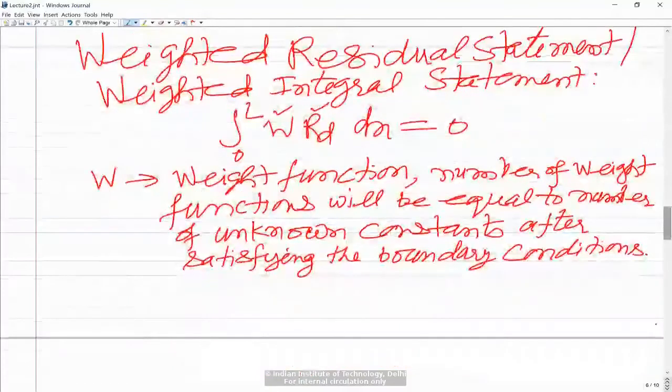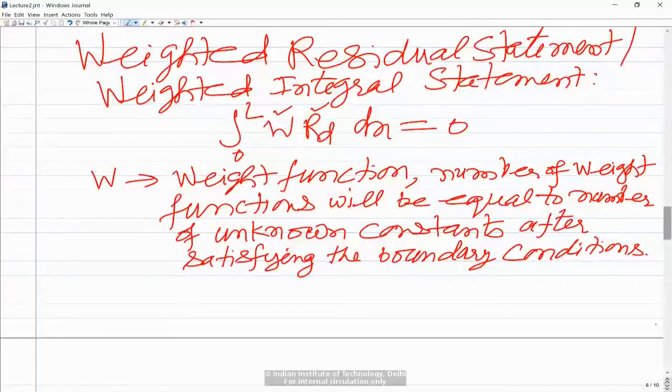In specific cases this process might lead to RD equal to 0 everywhere, but in general it will not; rather, in some weighted average sense, we are making the residual equal to 0. Now, depending on what we choose as W, we have different weighted residual methods: the Galerkin method, Petrov-Galerkin method, method of least squares, collocation method, or subdomain collocation.